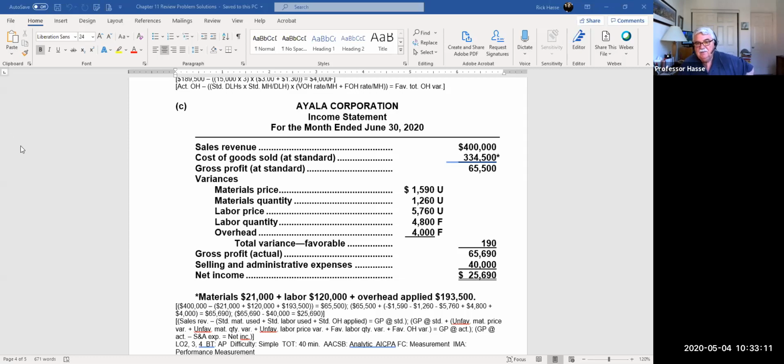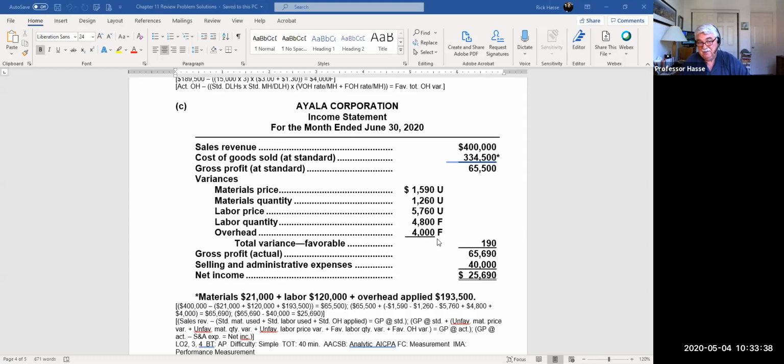So that's problem 11-2. We've seen how we calculated the variances, the analysis there, and we've also seen how to put it into a statement that sums it all up. We planned on making $65,500 in gross. We actually made $65,690 due to the favorable variances.